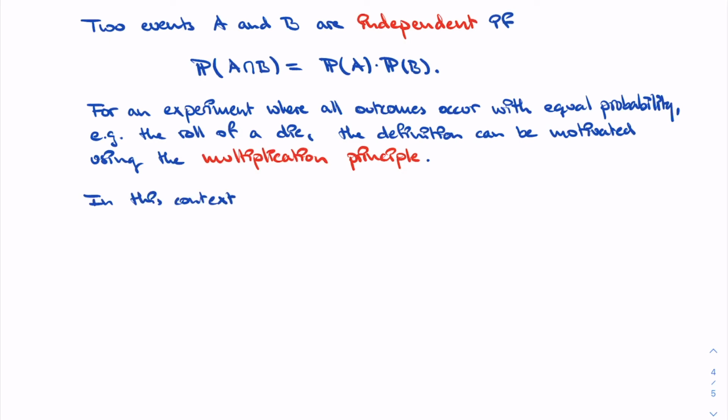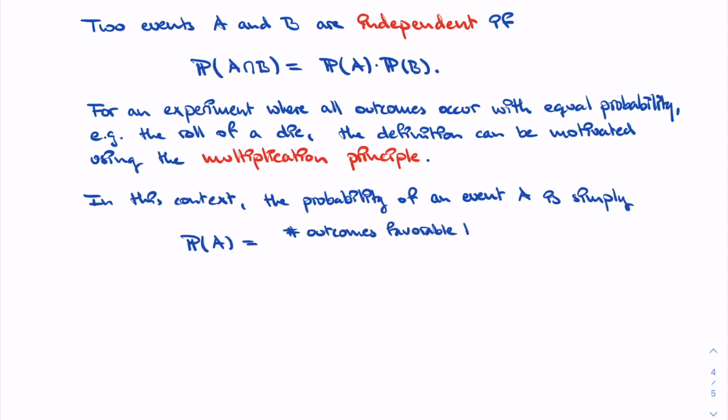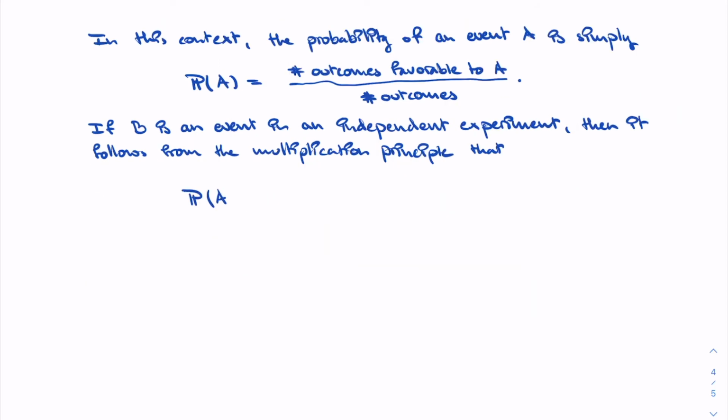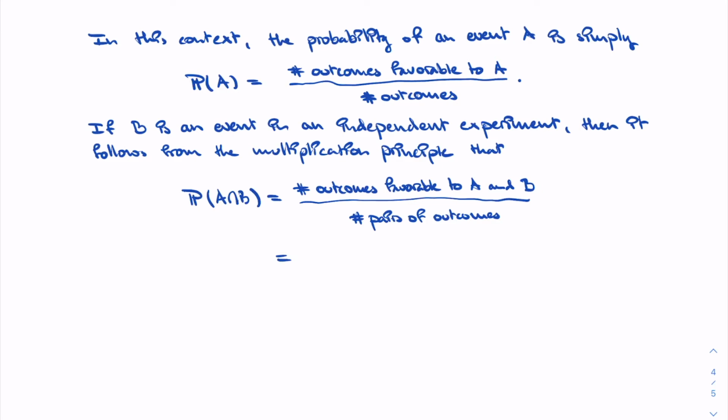In this context, the probability of an event A is simply the ratio of the number of outcomes favorable to A divided by the total number of outcomes. If B is an event in an independent experiment, then it follows from the multiplication principle that the probability of both A and B occurring equals the number of outcomes favorable to both A and B divided by the number of pairs of outcomes.